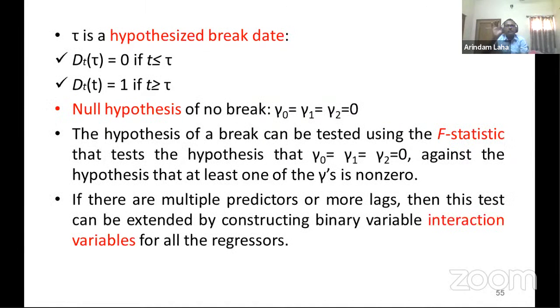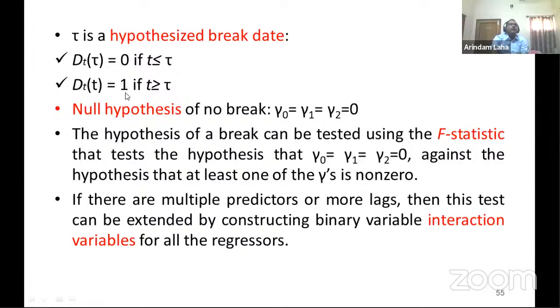So tau is a specific time. You have a time series data set from 1950 to 1990, and in 1975 there is a structural break, so tau is 1975. Before the collapse of the Bretton-Woods system, from 1950 to 1975, you are giving value 0, and for times greater than tau, you are giving value 1.